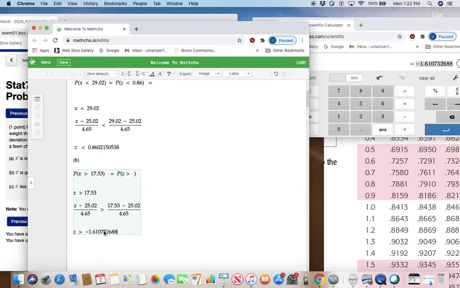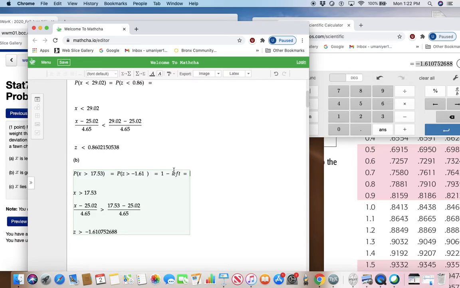Notice again 2 digits, the next one is 0, so I just need to keep it at 1.61, negative. Now in this fashion, right-hand area is 1 minus left area.